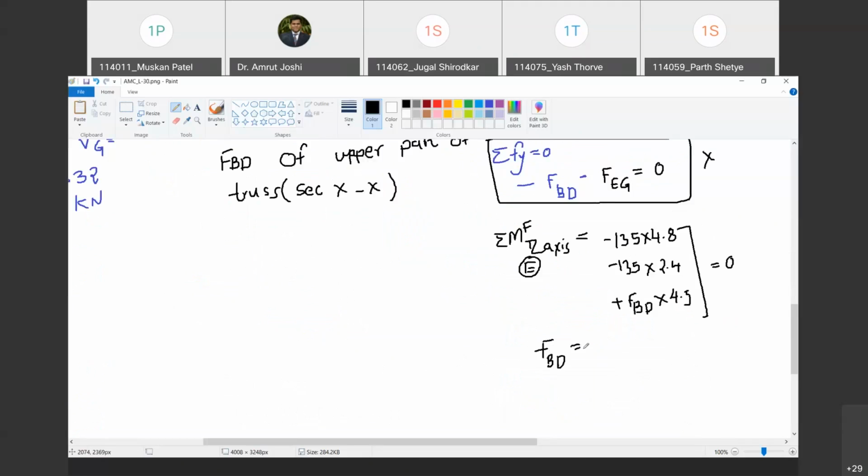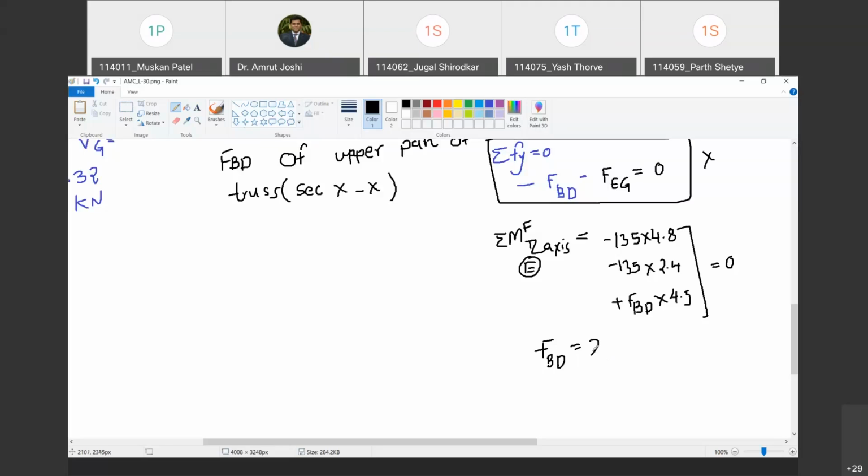So it is 135 into 4.8 divided by 4.5. 216. Just a minute. 135 into 4.8 divided by 4.5, 216, correct.